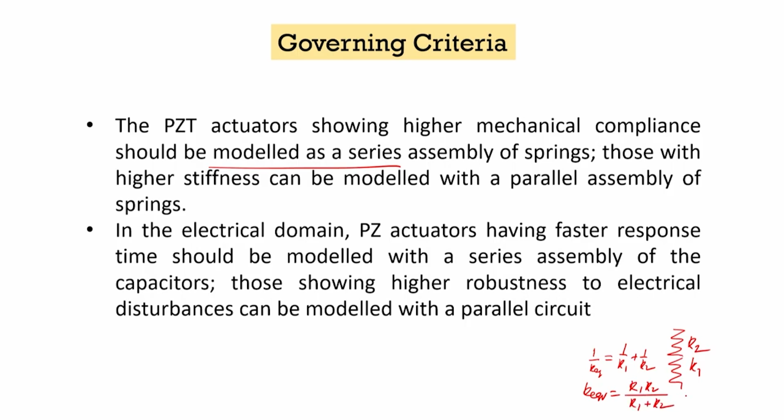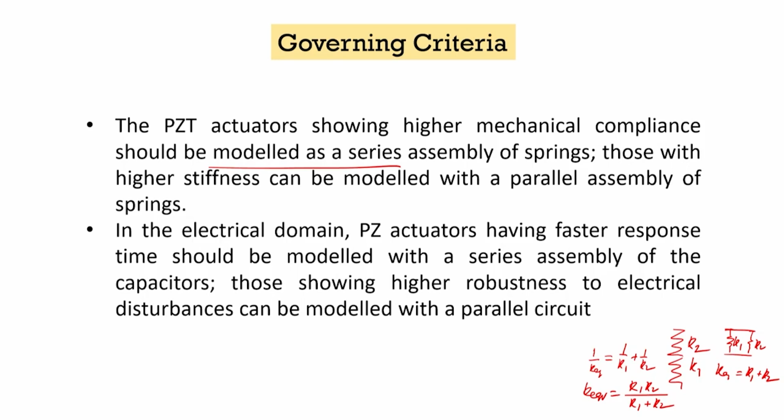So, this is certainly lower in comparison to if you take 2 springs in parallel, K1 and K2, then K equivalent is K1 plus K2. So, that way you are getting a larger stiffness. If you need a higher mechanical compliance, then you can model it in series.